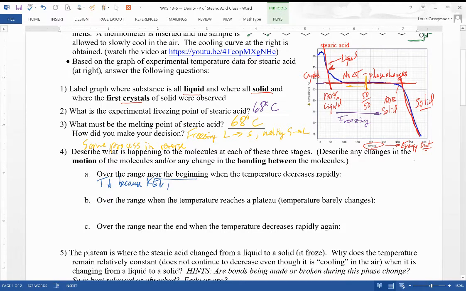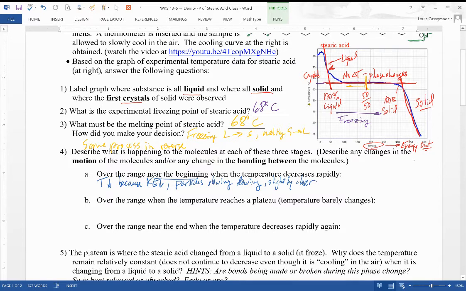And so what's happening is the particles are slowing down. Remember, kinetic energy is all about the speed. So the particles are slowing down and they're getting slightly closer together because the density is going to go up, except for water. But that's not the important thing.